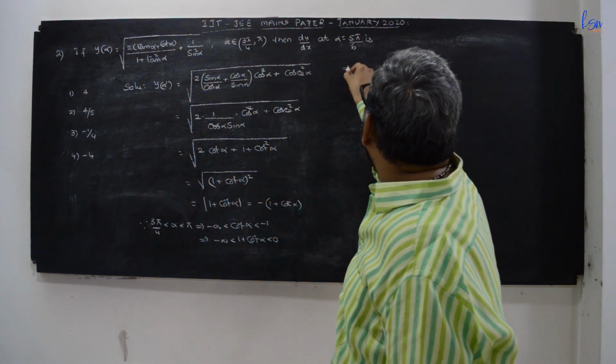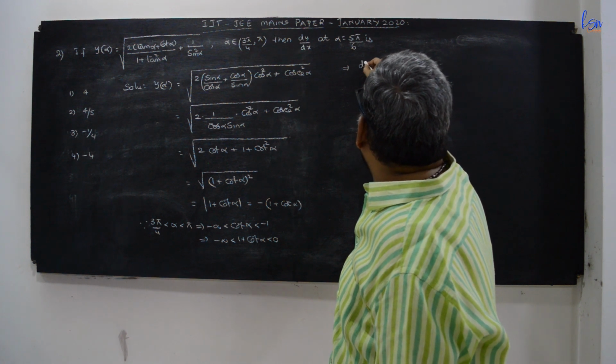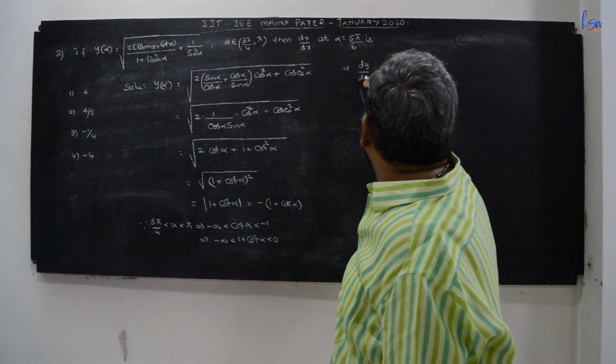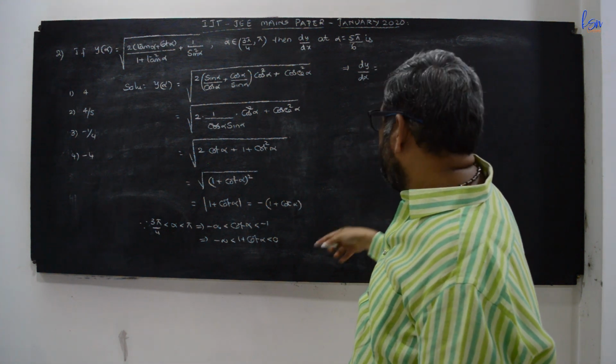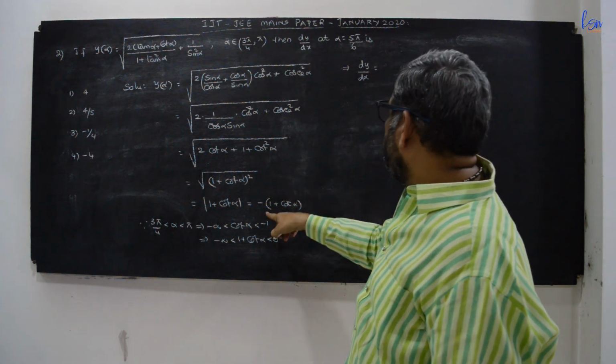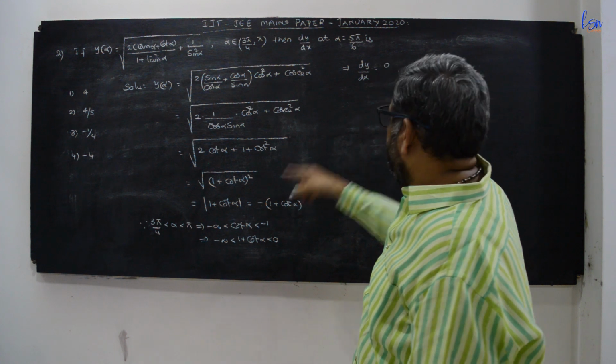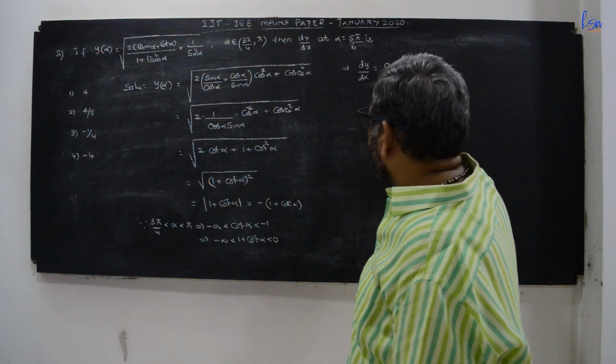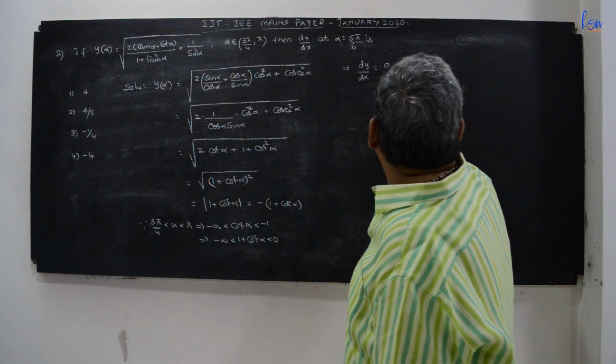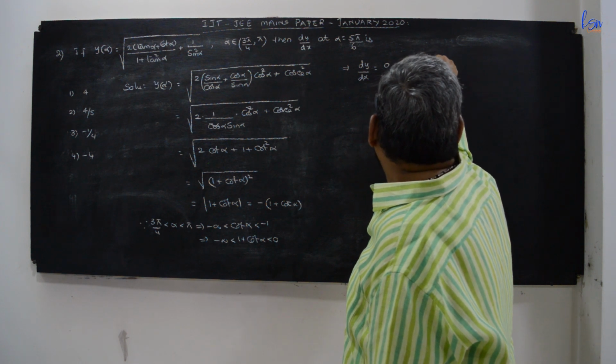Now differentiating with respect to alpha, dy by d alpha is equal to derivative of minus 1, which is 0, and derivative of minus cot alpha. Derivative of cot alpha is minus cosecant square alpha, so this is cosecant square alpha.